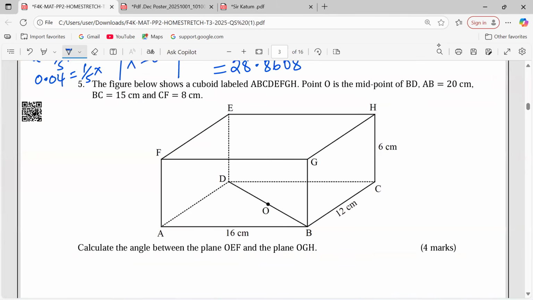Number 5 is on what you call 3-dimensional geometry. We can get through the question.